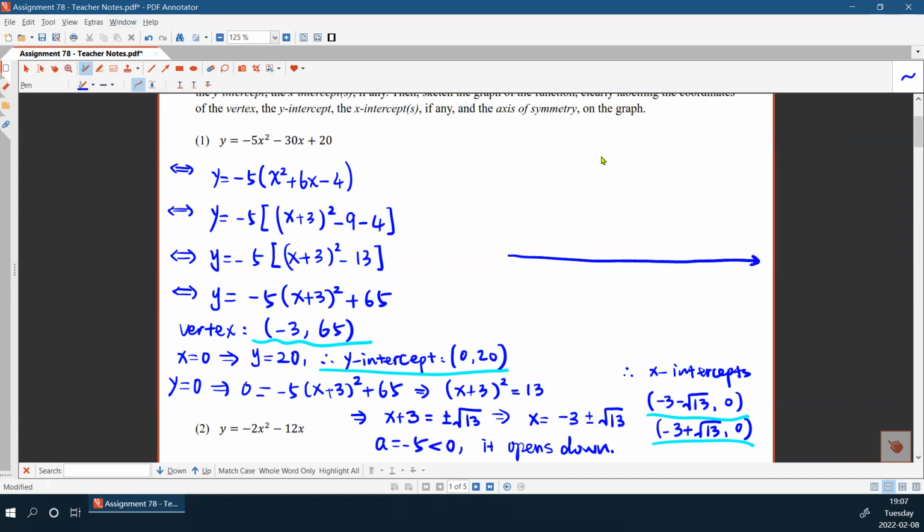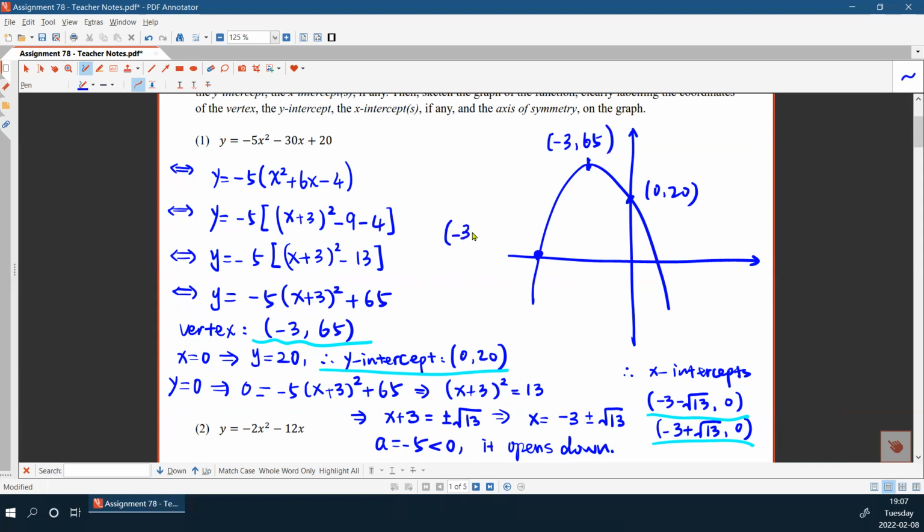X-axis, y-axis. And the vertex is (-3, 65), which is around here, right? And (0, 20), the y-intercept. And here is the first x-intercept, which is (-3 minus square root of 13, 0).